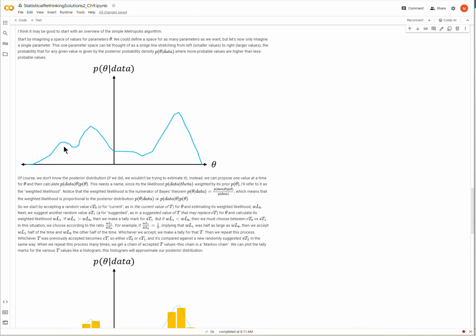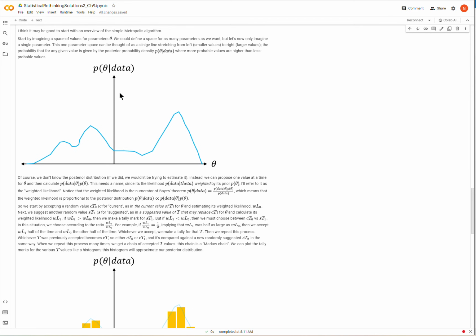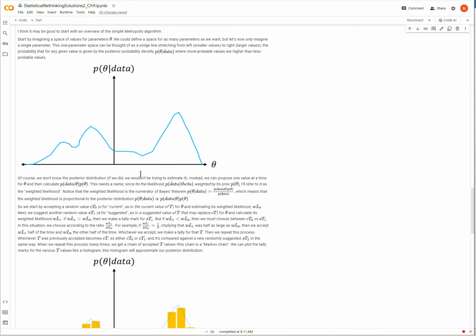But sometimes this curve cannot be computed analytically. We can't sit down with pen and paper and do calculus and arrive at this curve. It's too complicated, so we have to approximate it with numerical methods, and that's what the Metropolis algorithm is. What we do in the Metropolis algorithm is we propose some theta value, and then we calculate the likelihood times the prior for that particular theta value.